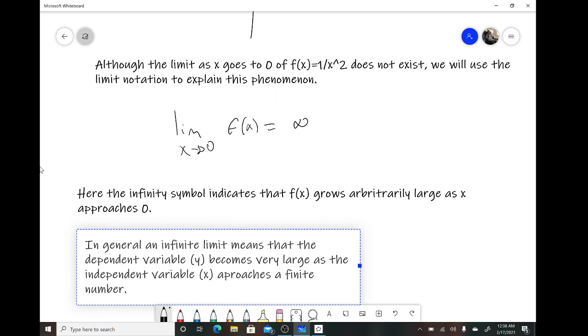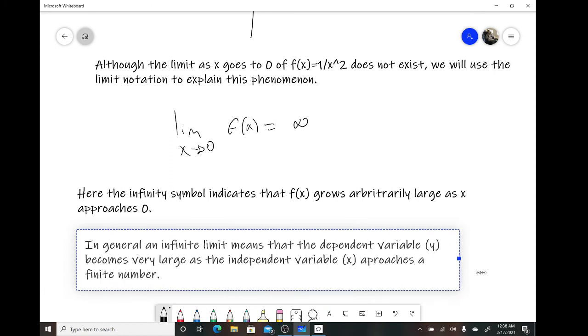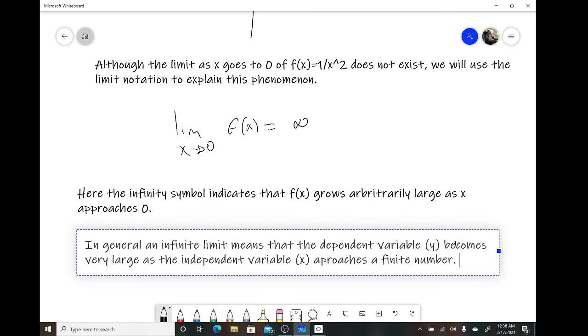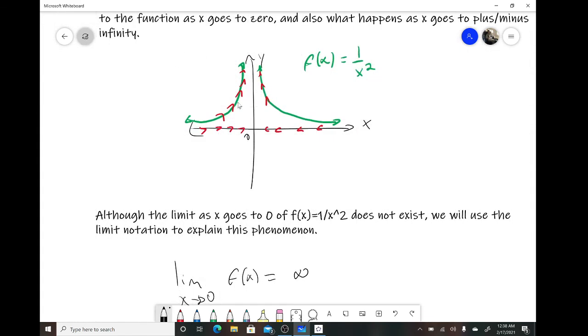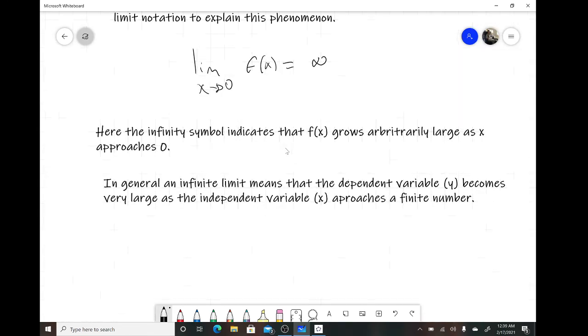For our example, with 1 over x squared, x was approaching 0, an actual number, but the y values are increasing arbitrarily, and they're becoming very big very quickly. So here we say that we have an infinite limit.